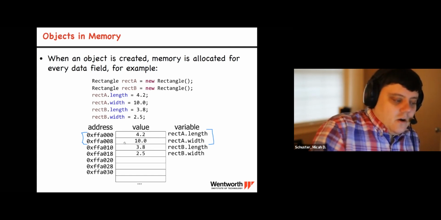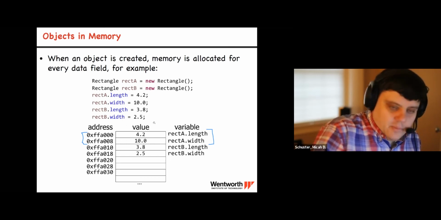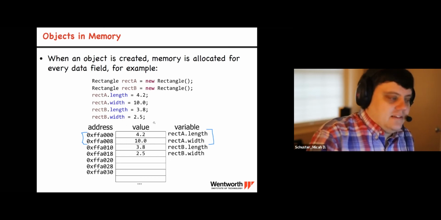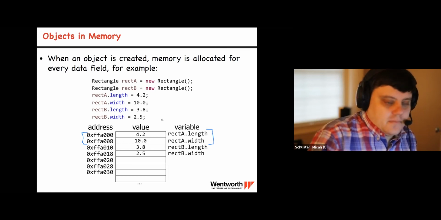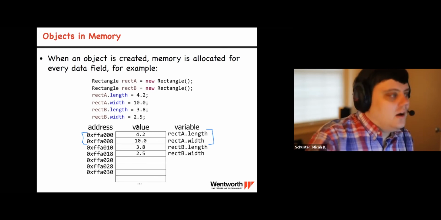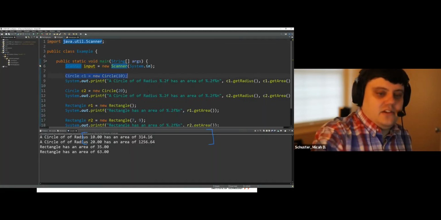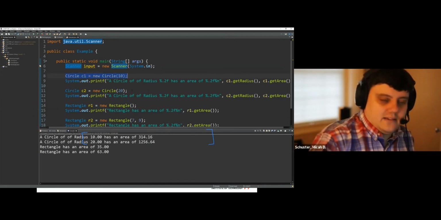It doesn't only do this with the variables. It technically does it with the methods as well, but that's not something that we usually have to worry about. So for now, just think of it as the variables. When you create a new object, like my new circle, as soon as I run this line, there's space in the memory for the radius variable.